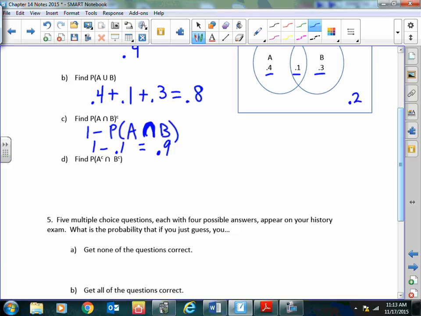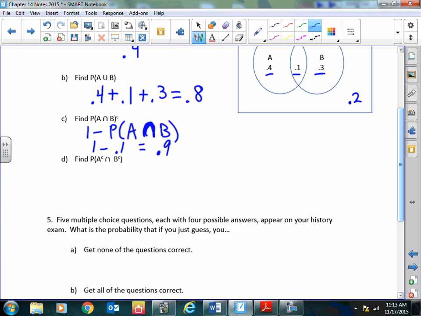Okay? Now, D can be done a few ways, and I could actually show you the picture part, and I'm going to here in a second, but I think it's a little more confusing than just saying the words out loud, and it seems a bit more natural and makes more common sense that way. So let's say these words out loud.